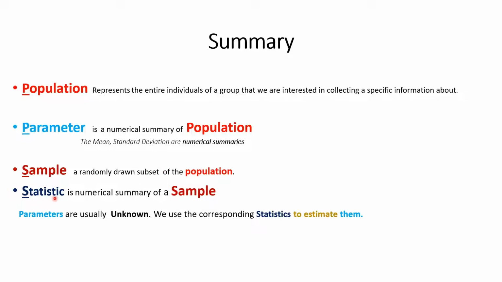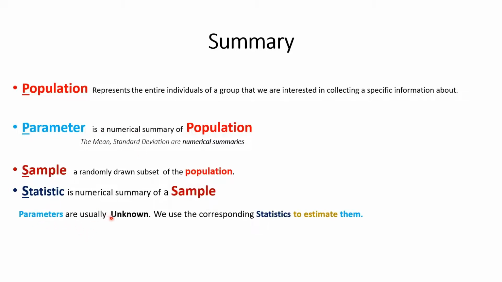Then the statistic is the numerical summary of a sample. In our case, this was x bar. So the average GPA of the 5 students drawn is called a statistic, while the average GPA of the 82 students is called a parameter.